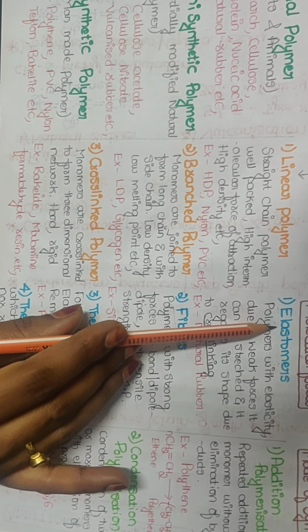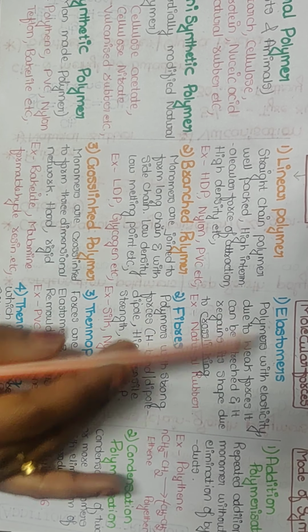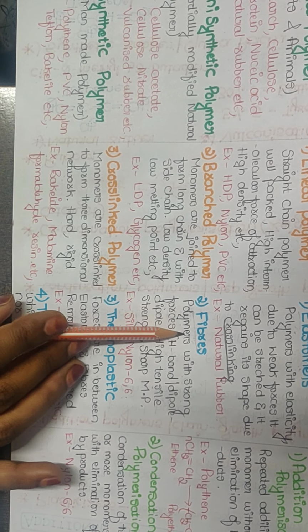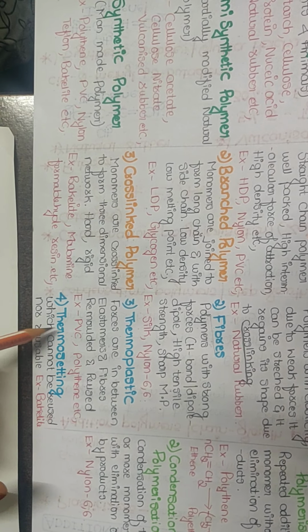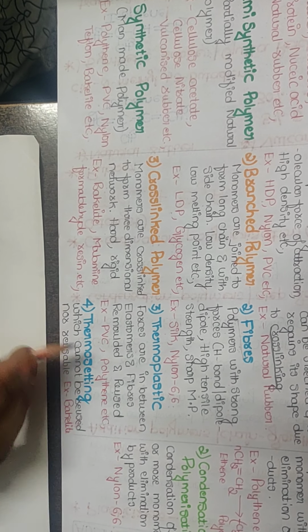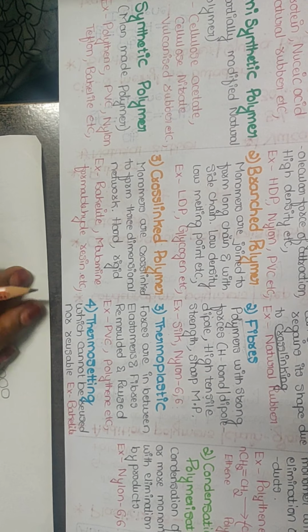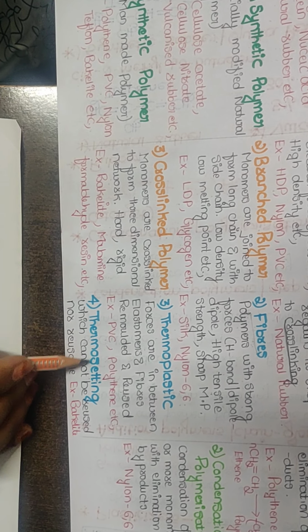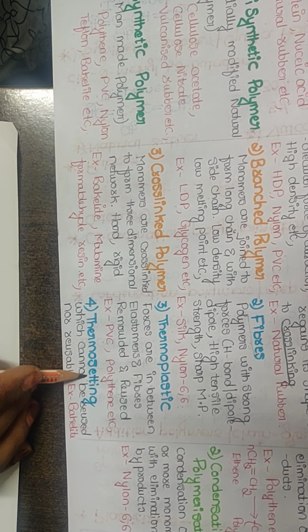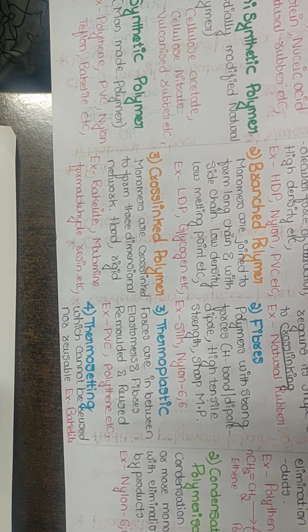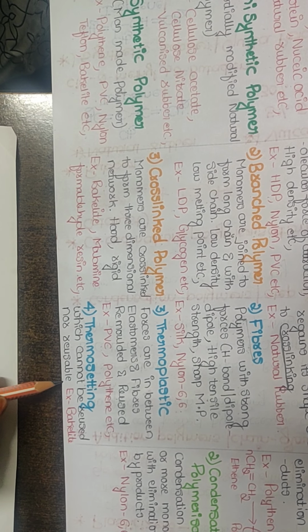The first classification is based on rubber. The second classification is speaking about fiber, fabric. And the third and fourth are speaking about plastic: thermoplastic and thermosetting plastic. So what do you mean by thermosetting plastic? A thermosetting plastic is something which cannot be reused again and again.